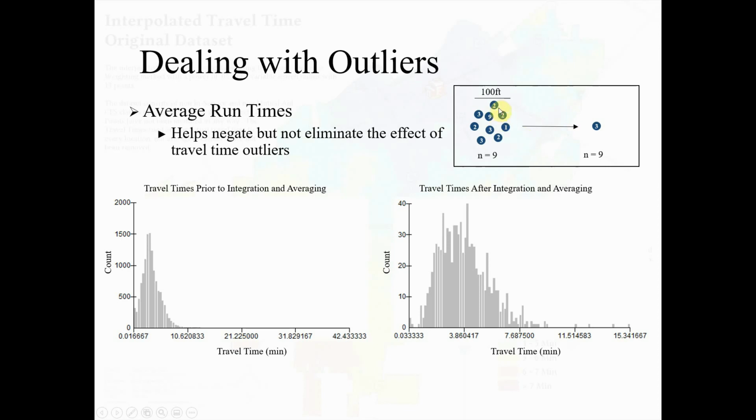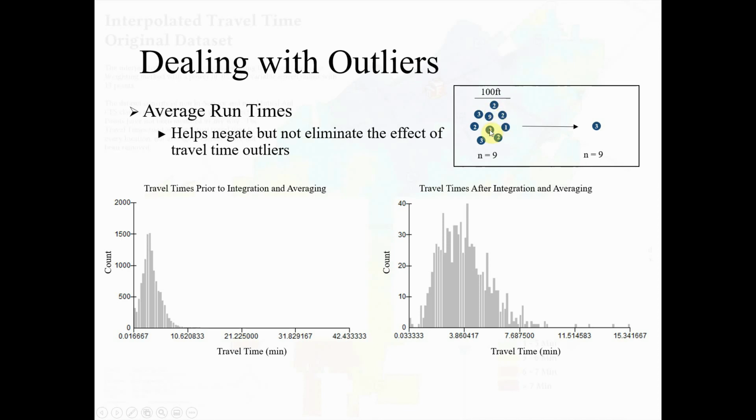And then after you do that, you can average all of the values at that location. So if you have the travel times for the points at this location, 2 minutes, 3 minutes, 3 minutes, 9 minutes, which doesn't seem right because it's very different from the rest of the points at this location, if you shift and collect them and then average those travel times, it's 3 minutes, which seems very similar to the rest of the points.